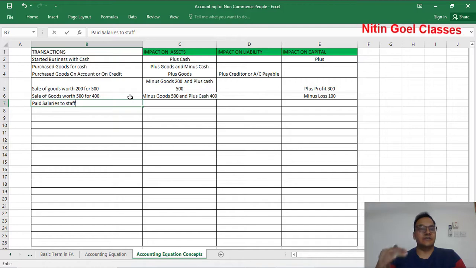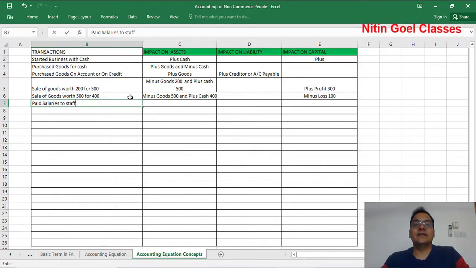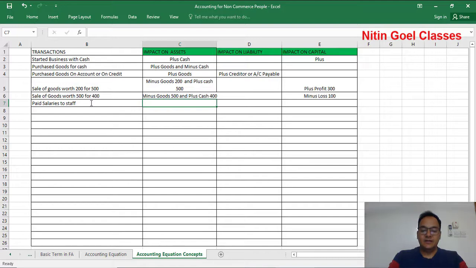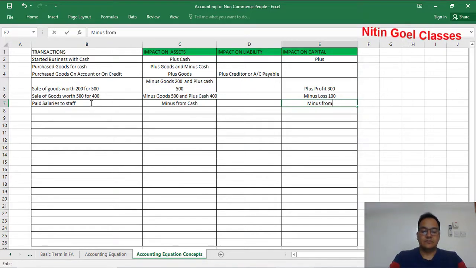Definitely profit will decrease. So ultimately who will get less profit? Owner will get less profit. So whatever salary you have paid, it will be minus from cash, and because it is going to reduce profit of the company, it will be minus from capital, because that is an expense.